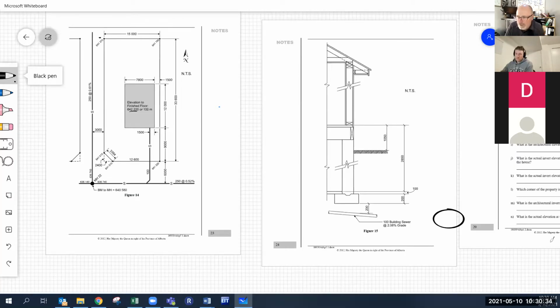The grade at the side of the house is right there, right? This is the grade level at the side of the house, and that's right here. And this is the southeast corner of the lot.